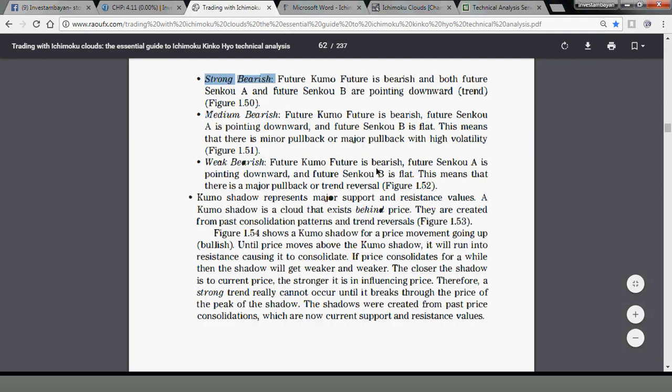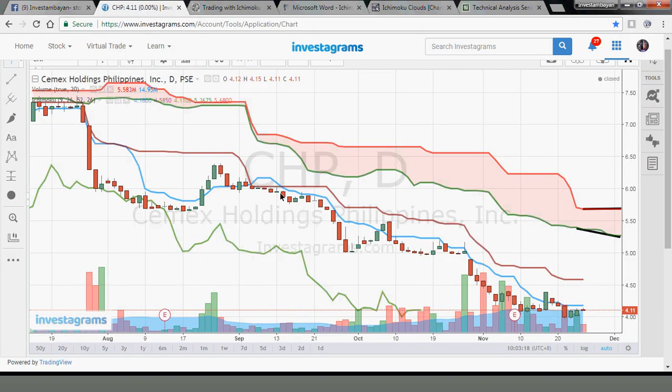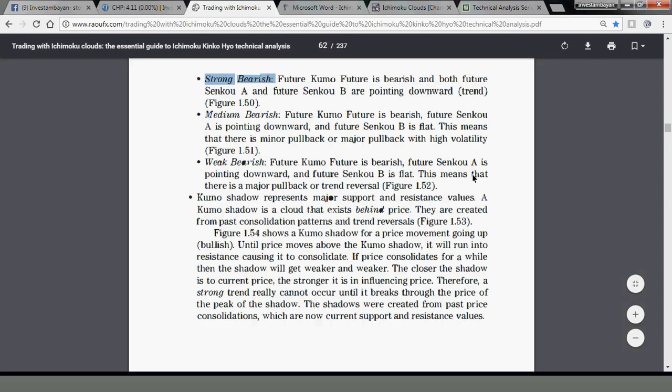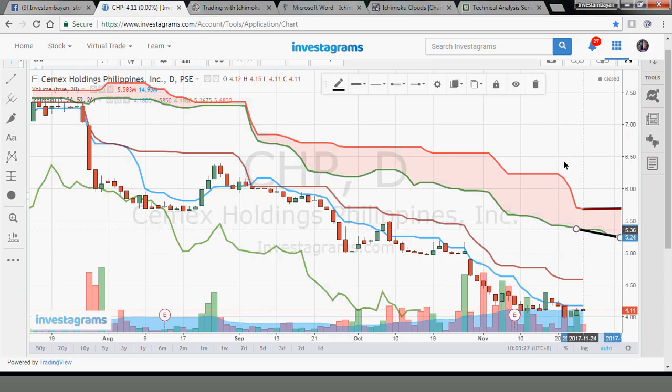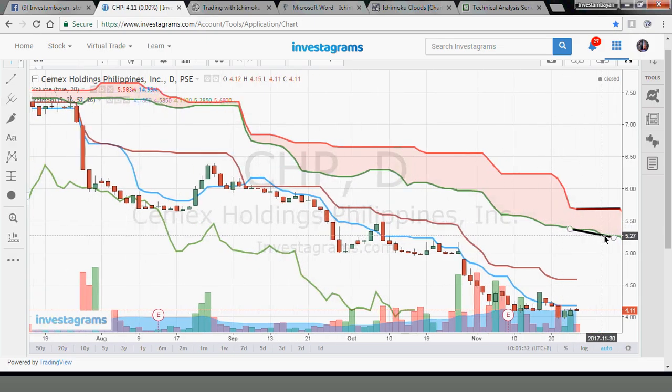Ano na naman talaga yung reversal na? Future Kumo is bearish, same thing pa din, bearish pa din, pero si single span A is pointing downward, B is flat naman. So nakikita natin dito, possible na bounce na to, major bounce.